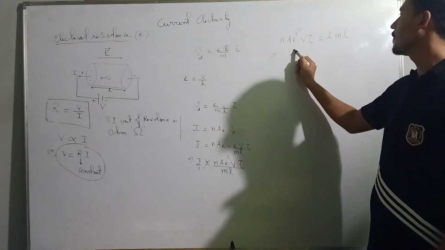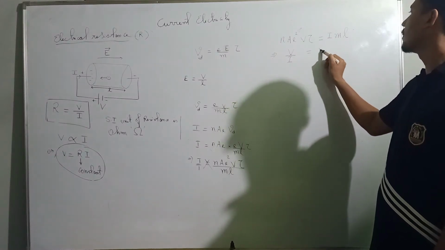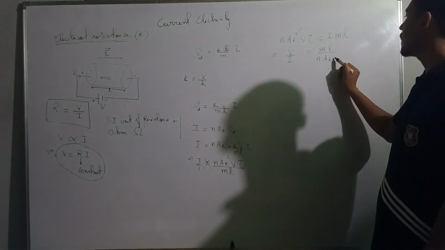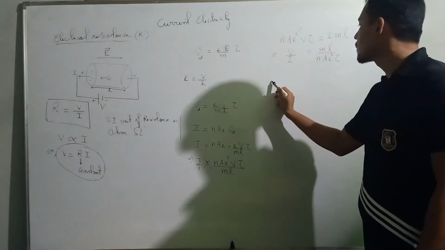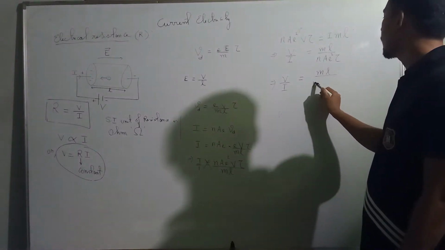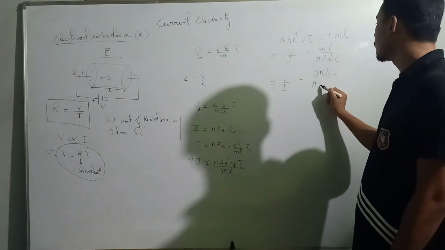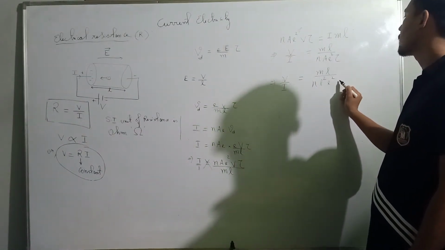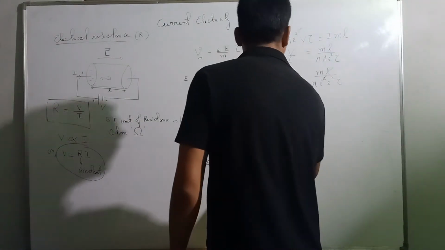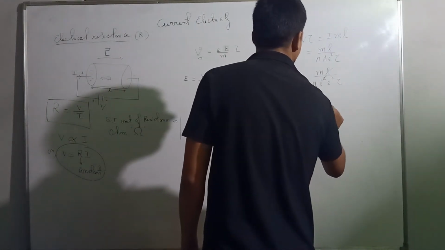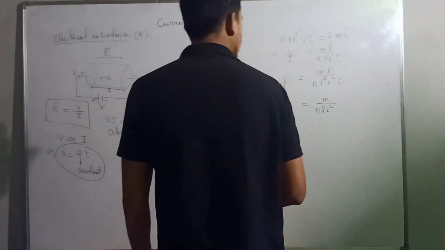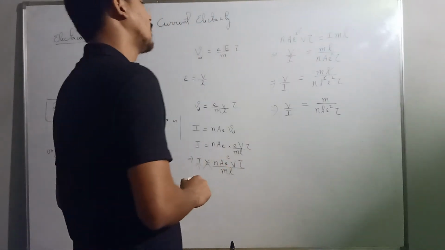This implies V upon I equals mL upon nAe squared tau. Writing area A as... we can simplify this, and we have V upon I equal to mL upon nAe squared tau.